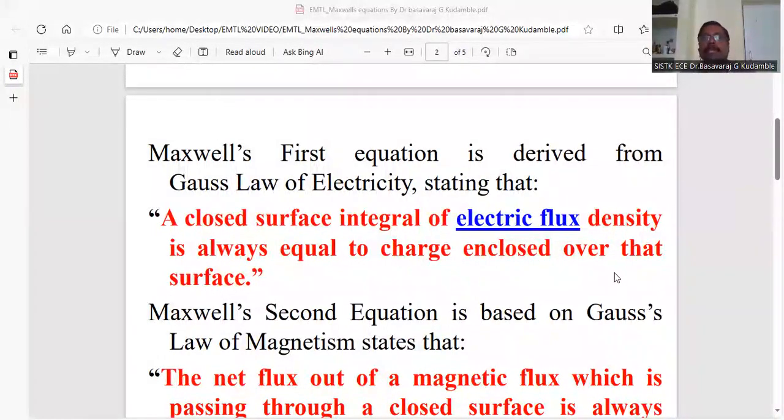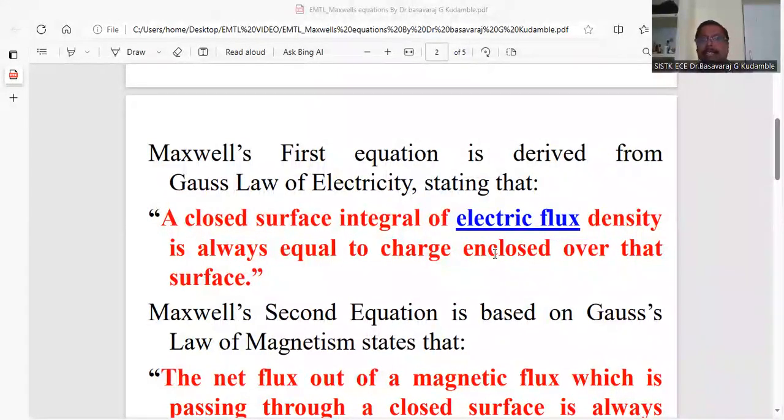The first Maxwell's equation is derived from Gauss law of electricity. He did not invent these laws, but he went through the laws that had already been given. For electric fields, if a charge is at rest, then a field will exist around the charge. If the charge is enclosed in a closed path, then electric fields will go out from the closed path.